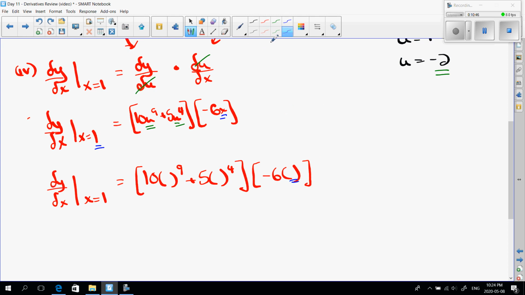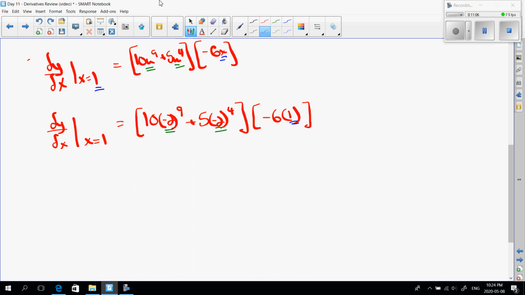So I'm filling a 1 in there, and I'm filling -2's in for the u value. So a 1 goes here, and a -2 here and here. This x value is 1, this u value -2. So replace those variables.